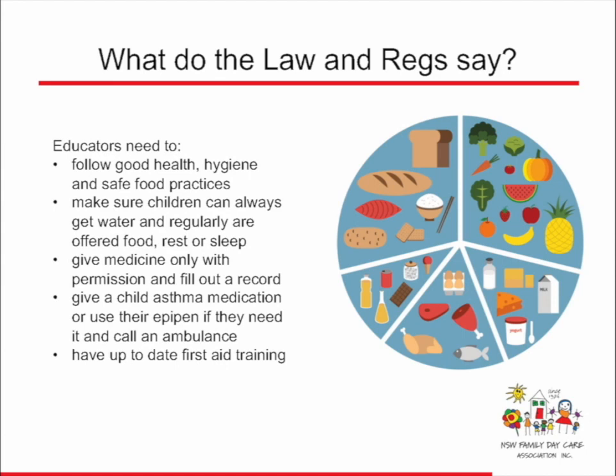Make sure children can rest or sleep when they need to, Regulation 81, and only give a child medicine or tablets when their parents have filled out a form. You must also keep a record of when you give it to them, as stated in Regulation 92. Your family daycare provider can provide you with such forms. You must give a child asthma medication or use their EpiPen if you think they are having an asthma attack or an anaphylactic reaction. Call the parents and an ambulance if you have to do this.